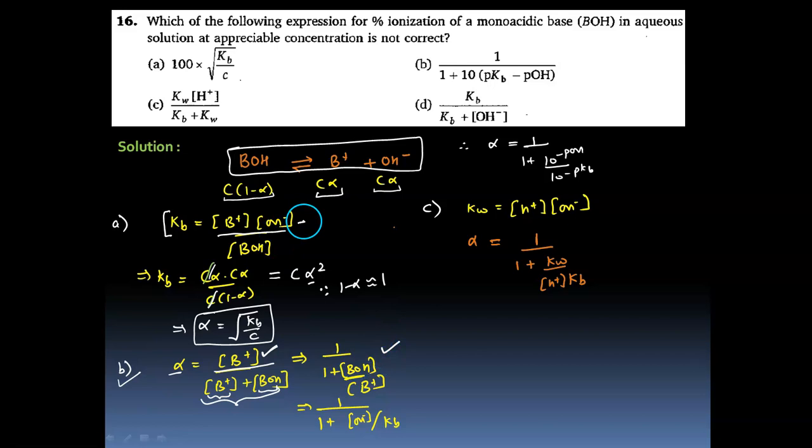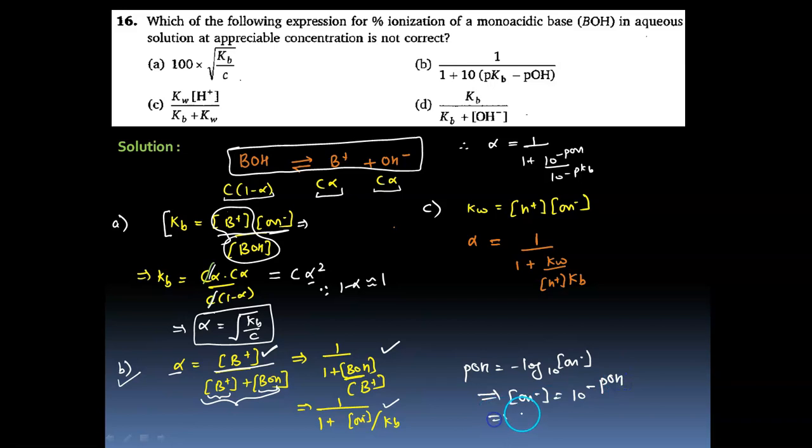And if I rearrange from here, BOH upon B+, if I take this on the opposite side, will be equal to the concentration of OH- upon Kb. So I'm able to write this. Now one thing we should know: what is pOH? That is minus log to the base 10 of the OH- concentration. So this implies that the OH- concentration I can write as 10 raised to power minus pOH.